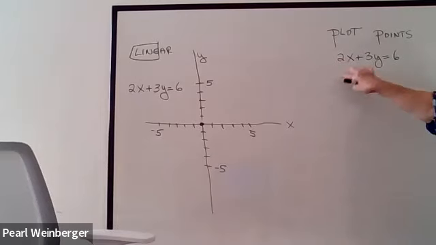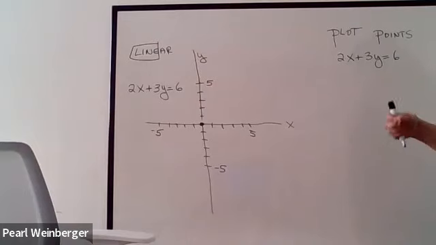So what makes a point to be on a line? How do I check? Well, that's where the equation comes in. In order for a point to be on the line, the coordinates, the x and y numbers of the point, have to make the equation a correct equation. So I could ask you this question.